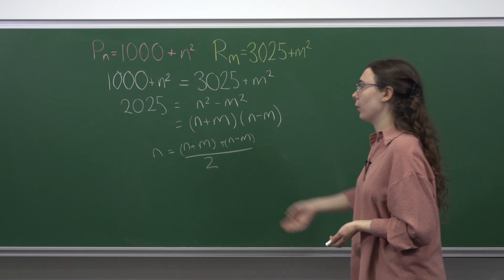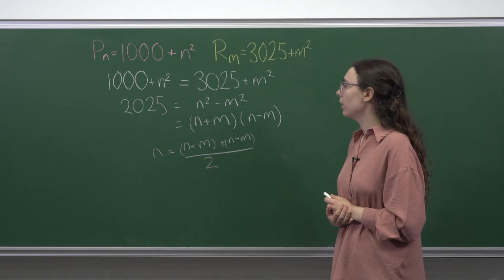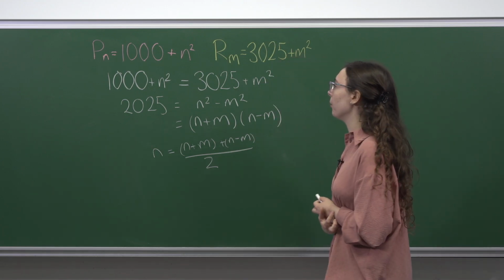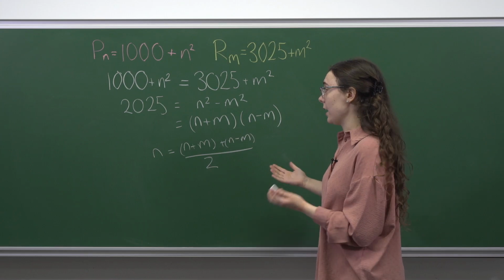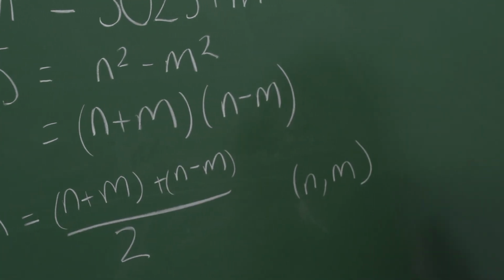And you can see that all the factors of 2025 are odd, so we don't have any issues there. So this means that we're going to get 8 different solutions, i.e. 8 different solution pairs n, m.